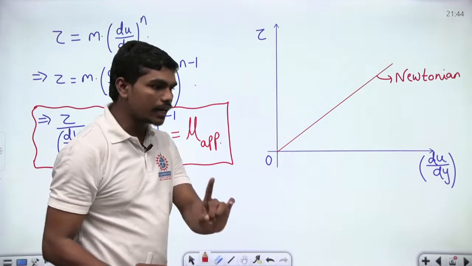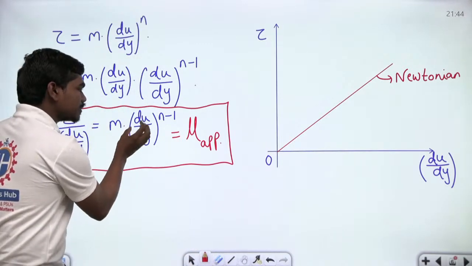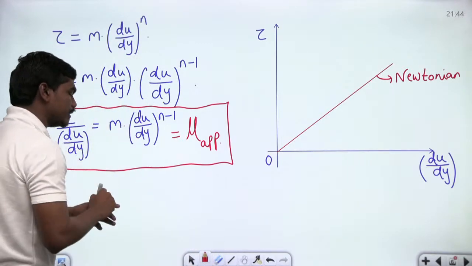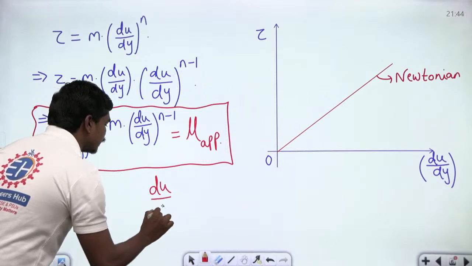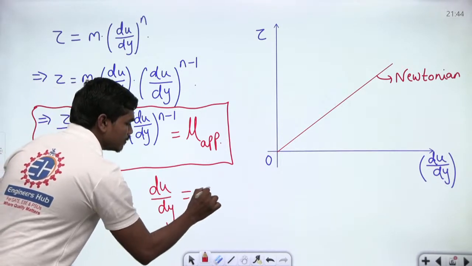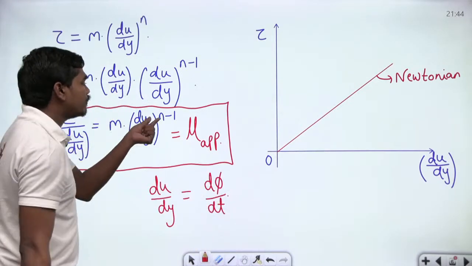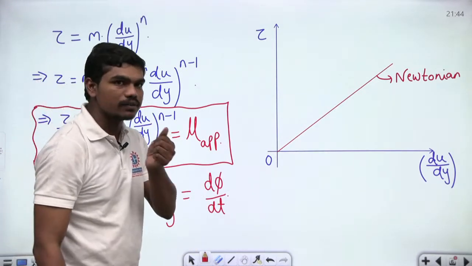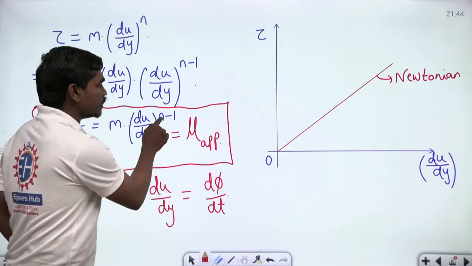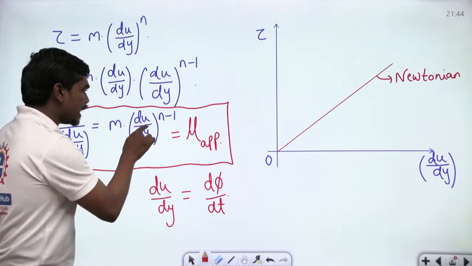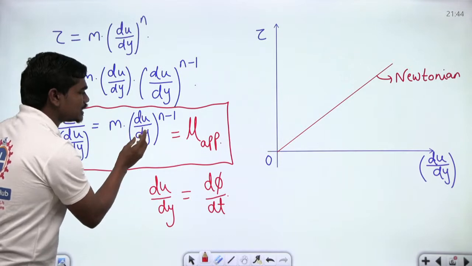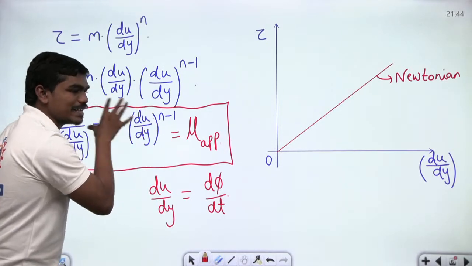Let us suppose your shear strain rate is increasing, meaning du by dy, which in the general case of fluids is nothing but d phi by dt, correct? If your shear strain rate is changing and your n value is less than 1, look carefully, then as this du by dy increases, will this total term increase or decrease?